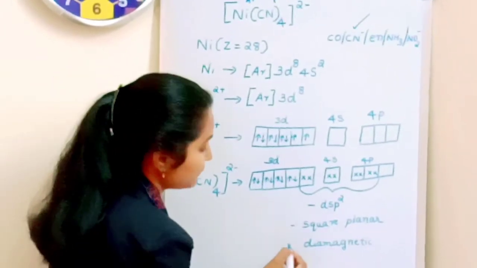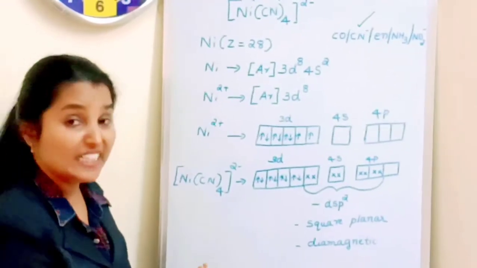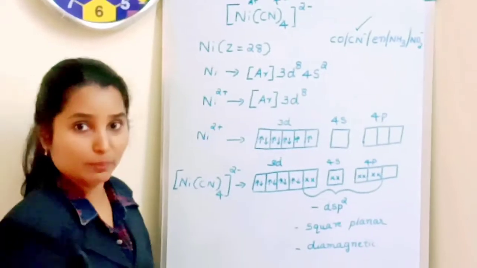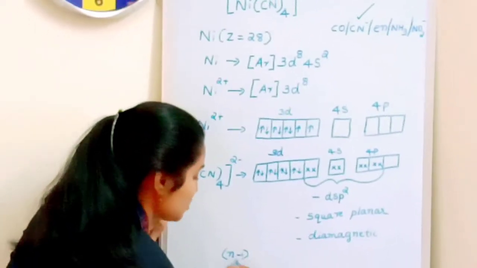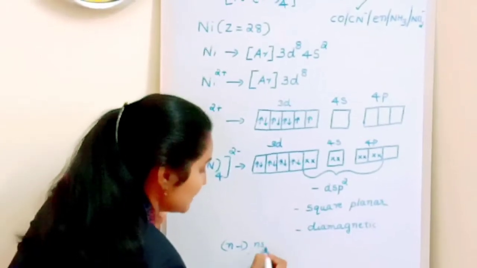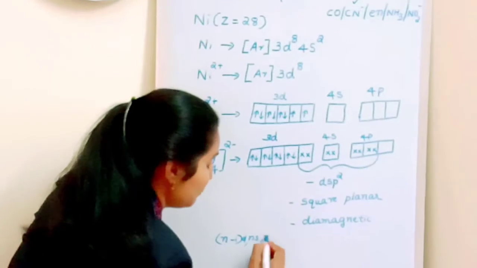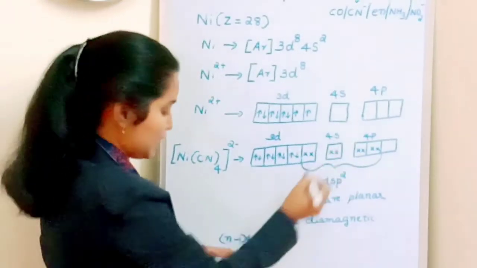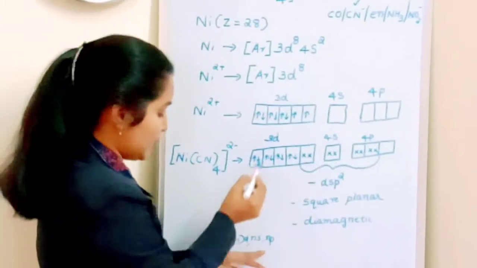And then whether it is a low spin complex, an inner orbital complex, or an outer orbital complex. It is an inner orbital complex. You know that for an inner orbital complex, (n-1)d, ns, and np should be involved in hybridization. So here it is 4s, 4p, then 4 minus 1, 3d.